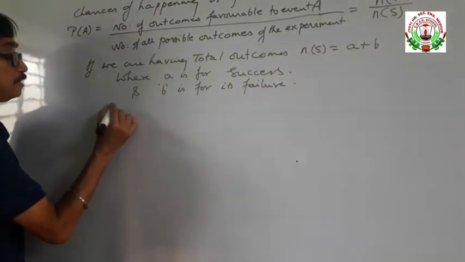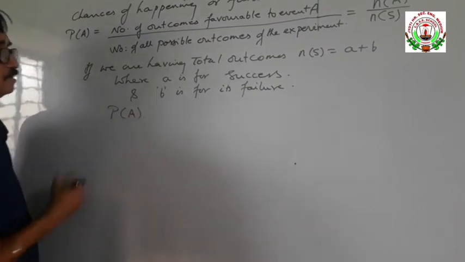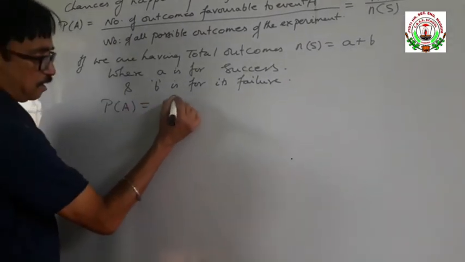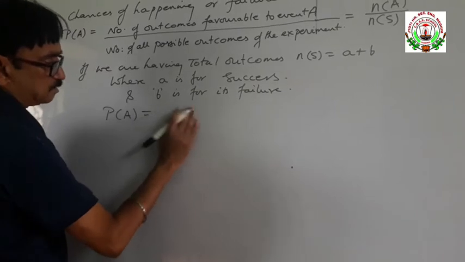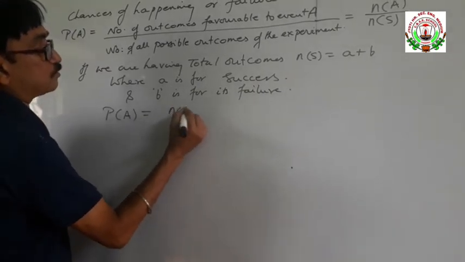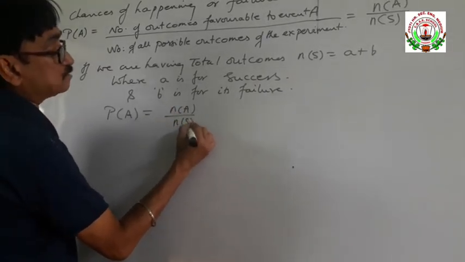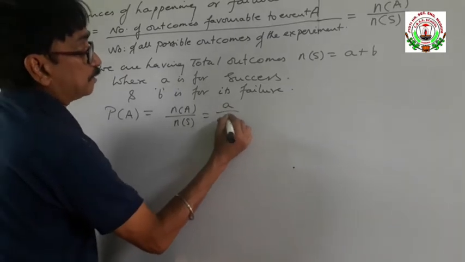So our probability for success will be a upon a plus b, as we have the formula n of A upon n of S, a upon a plus b.